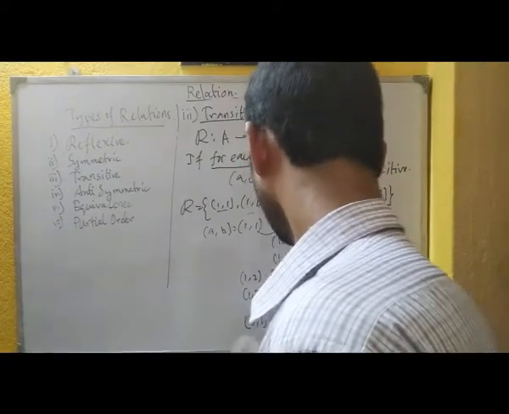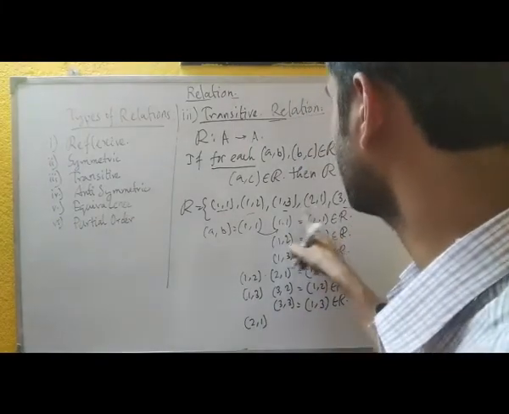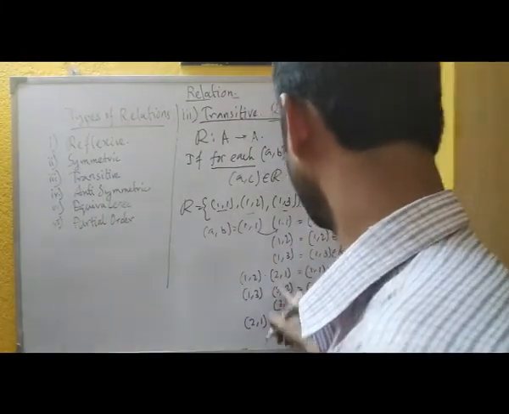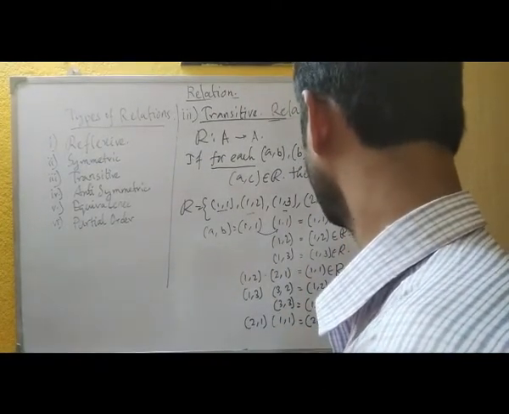Again for (2,1), we will take all the elements which start from 1. So again we can take (1,1). That will give us (2,1).